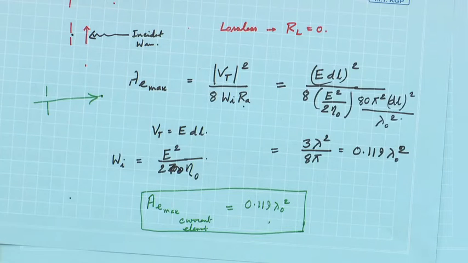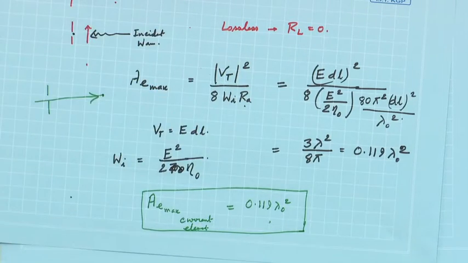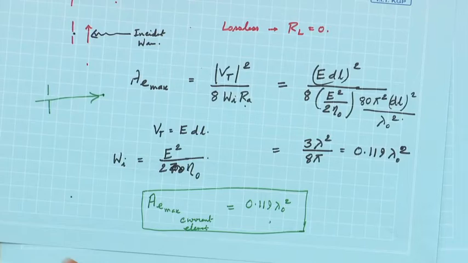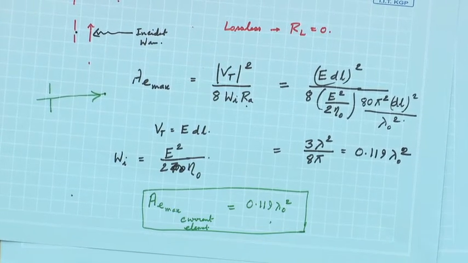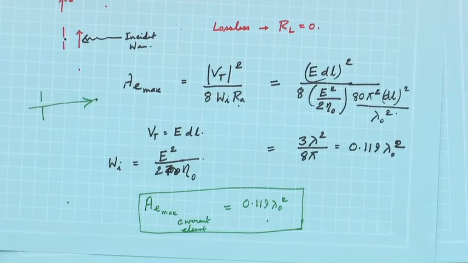A practical antenna like a resonant half wave dipole has a gain of 1.67. So, earlier when we introduced it, we said the current element is a hopeless radiator because its radiation resistance is very low, but it has very good directive characteristics.